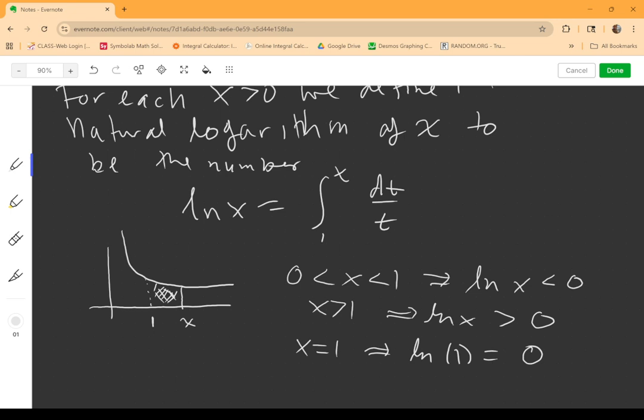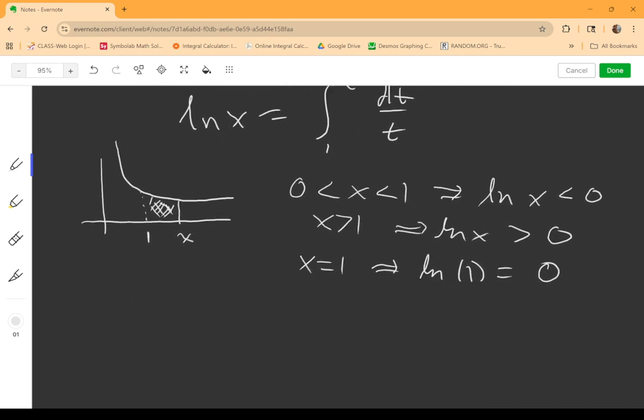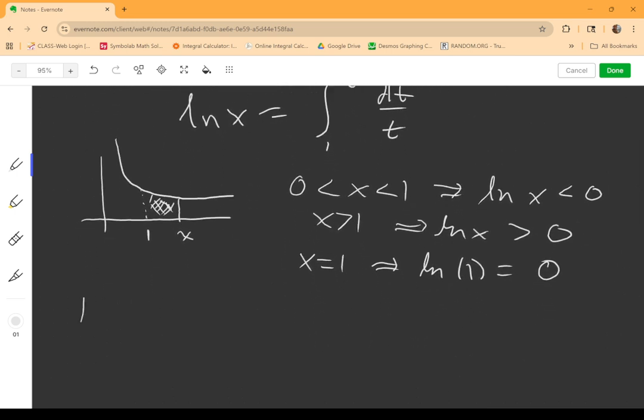So now based on these properties, we can start to see this function is always increasing, right? But it's never 0 as x goes to infinity. So I can think of a couple of properties involving limits that describe our natural logarithm.